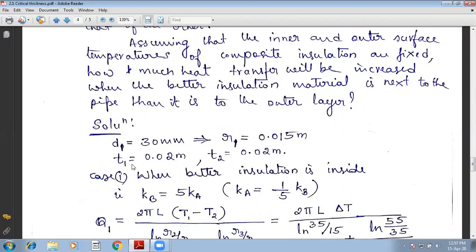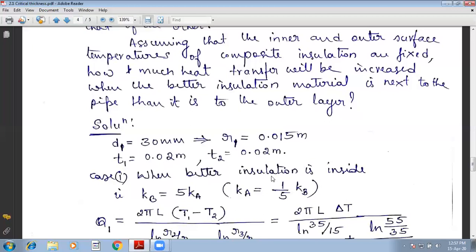Now the first insulation is having a thickness of T1. The second insulation material is having a thickness of T2. Both are having the same thickness. The thickness is same, but the property, that is thermal conductivity, are variable.